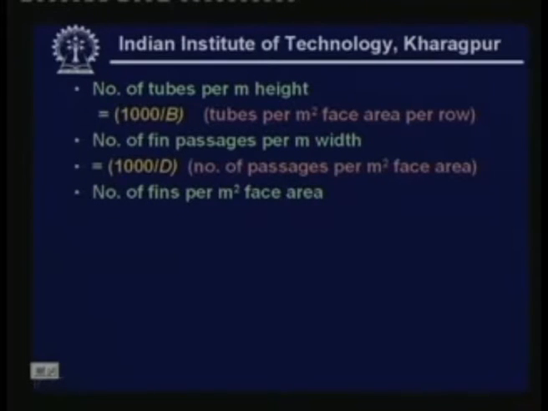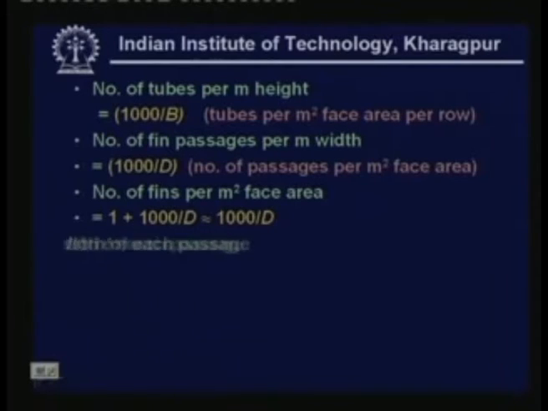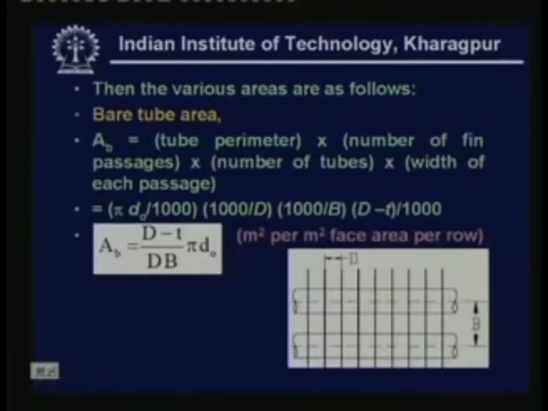And the number of fins per meter square face area is nothing but 1 plus 1000 by D, which can be approximated as 1000 by D, because D is generally small. And width of each passage is nothing but capital D minus t divided by 1000, because capital D is the center to center distance between two adjacent fins, and small t is the thickness of a fin.